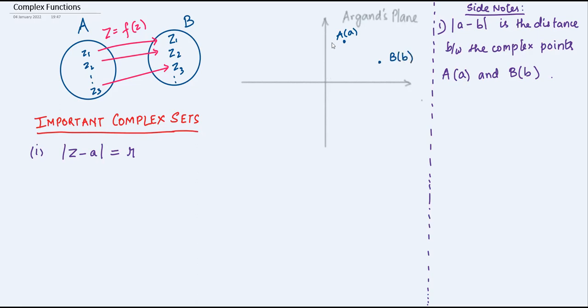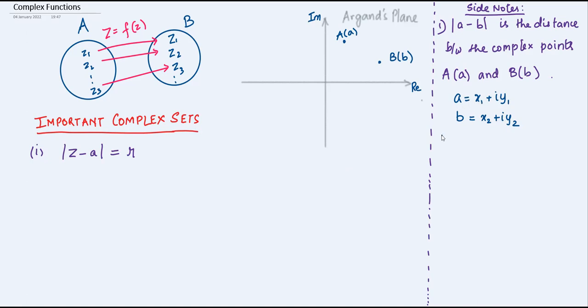So A will have its own coordinates, say x1 plus i y1, and B. Real numbers are plotted on the horizontal axis and imaginary numbers are plotted on the vertical axis, the y-axis. So let's say A is x1 plus i y1 and B is x2 plus i y2.